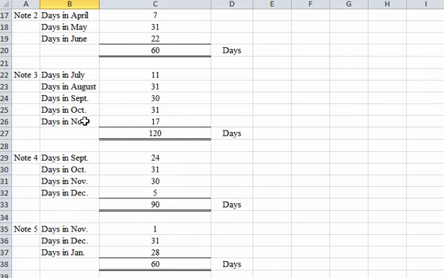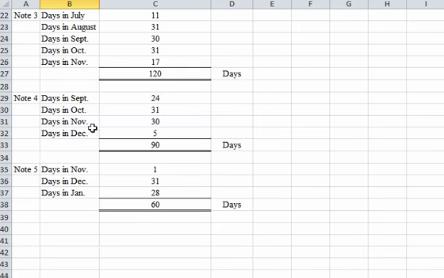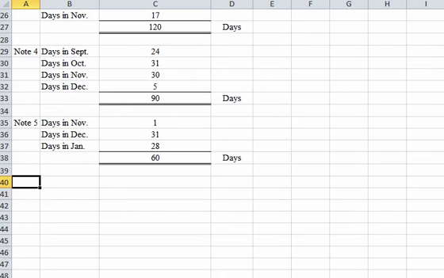Note 3 began in July, ended in November. Note 4 began in September, ended in December. But note 5 is different. It began in November, but it's not going to be due until the next fiscal or business year in January. We'll need that information a little bit later. That's how note 5 is different from the previous notes. Note 6 will carry over into the new year as well.